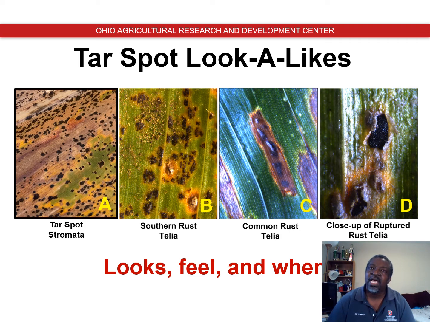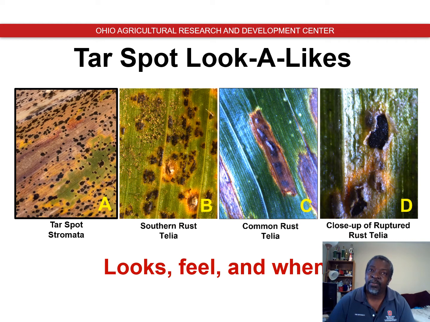Both common rust and southern rust, if you push on the pustules too hard with your finger, they're going to tear open, they're going to split the surface of the leaf, and you're going to see spores. With tar spot, you're not going to see that. So to help you tell tar spot apart from some of these rust pustules, look at how it looks. That would be a good place to start.